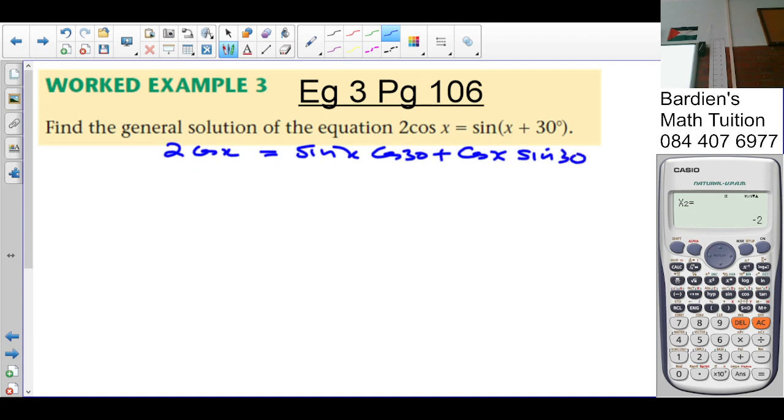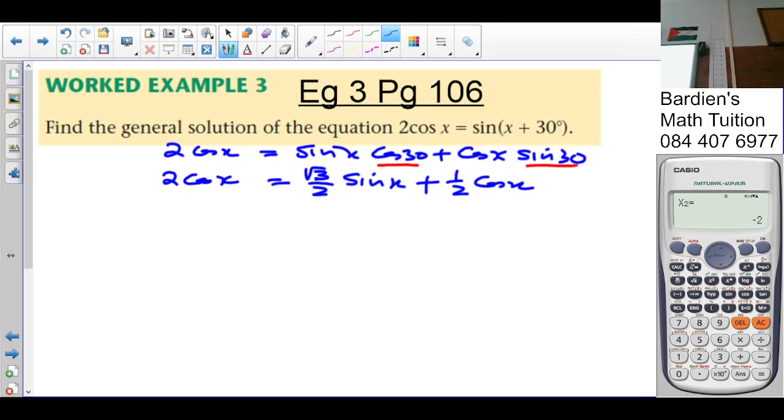So what do I do now? What can happen now? Change cos 30 and sine 30. Not so? Cos 30 can be written as what? Root 3 over 2 sine x plus sine of 30 is half, so it's half cos x.